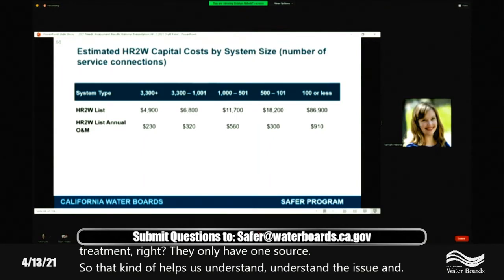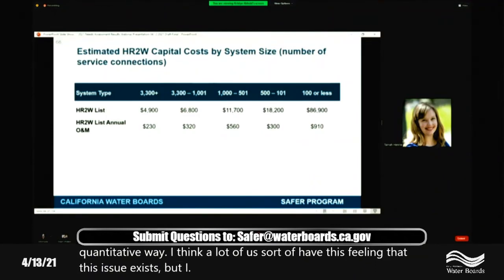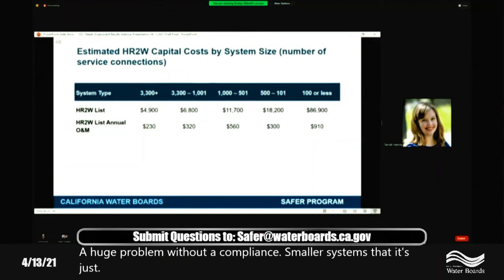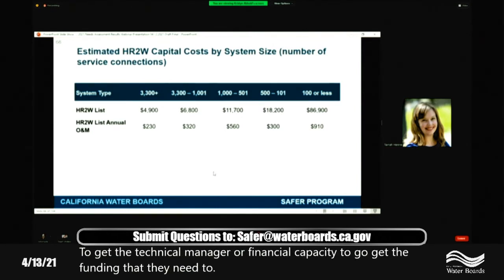A lot of us have a feeling that this issue exists, but it's helpful to see it illustrated here, that this is why we see such a huge problem with out of compliance smaller systems. It's just not as cost effective, so it's harder for them to get the technical, managerial, and financial capacity to get the funding they need to address their issues.